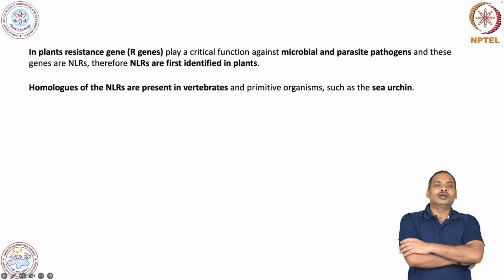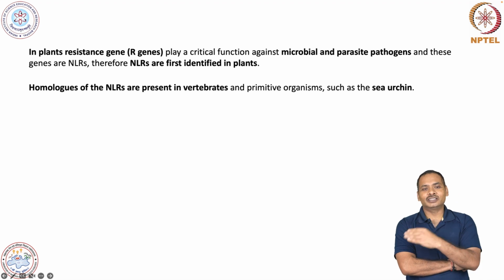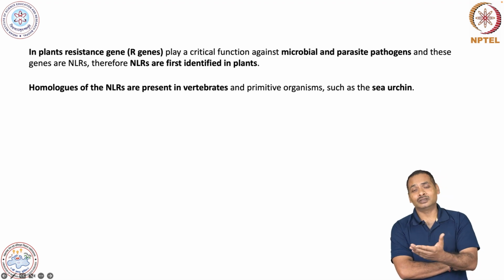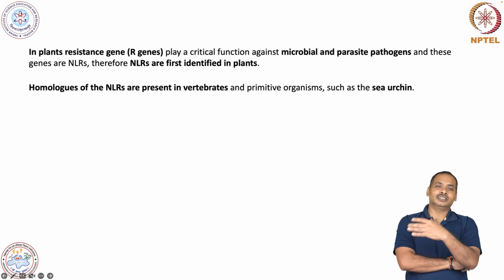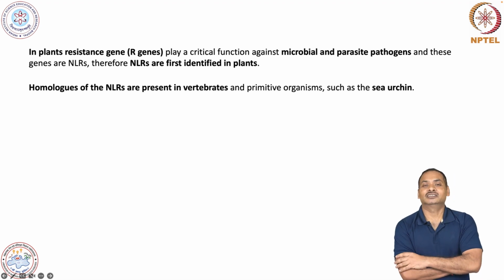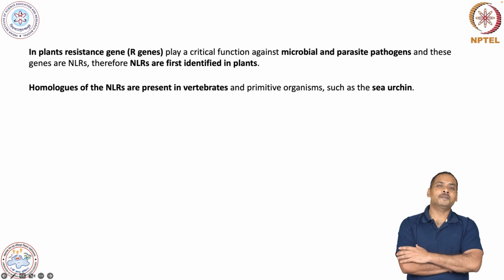The homologues of these nod-like receptors are present in vertebrates. It is present in most plants, in vertebrates, and in very primitive or phylogenetically primitive organisms such as sea urchin and zebrafish.